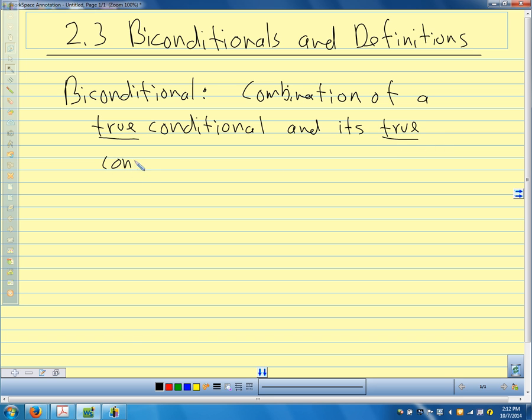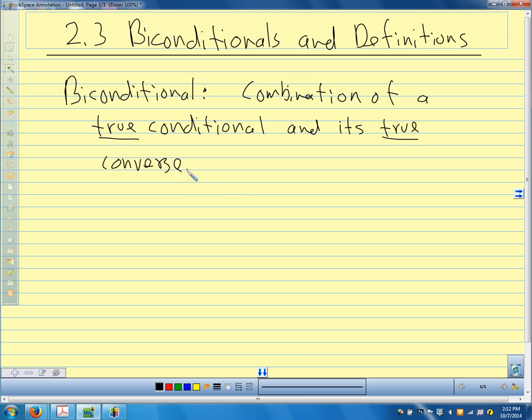Just like we had with the opener, we had our true conditional statement: if today is Tuesday, then tomorrow is Wednesday. And then we had a true converse: if tomorrow is Wednesday, then today is Tuesday. So that's a combination of a true conditional and its true converse.